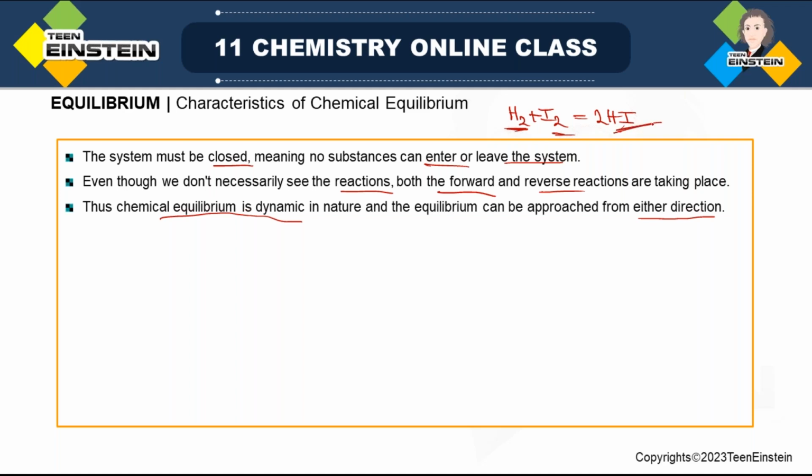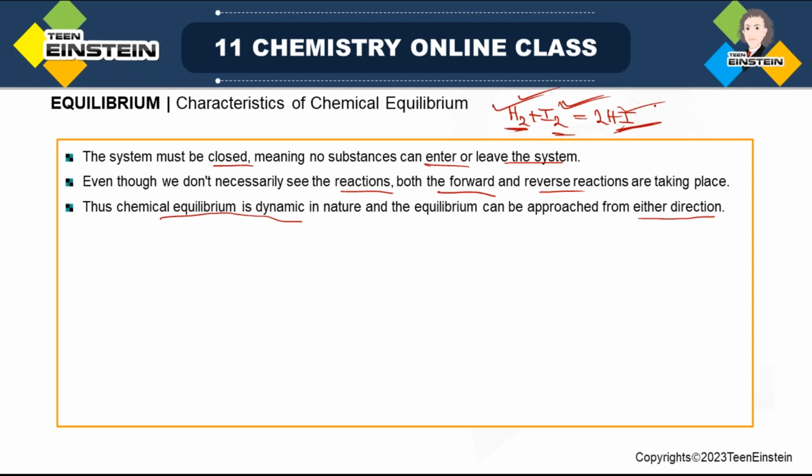But if you want to start from this side, that is you have taken hydrogen iodide, then there is decomposition of hydrogen iodide and it is decomposed to H2 and I2. This process will continue, the concentration of HI will decrease, the concentration of H2 and I2 will increase, and it will go on until the point when the equilibrium concentration of all these three species is reached.